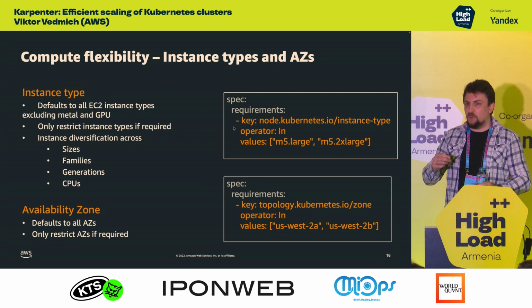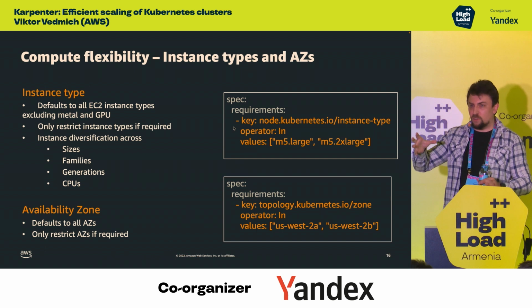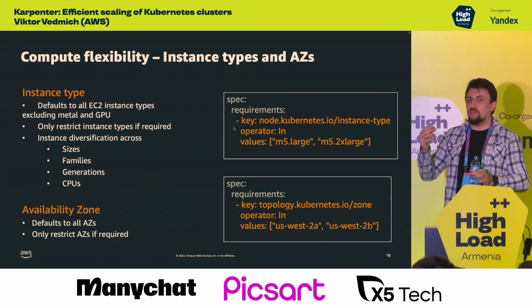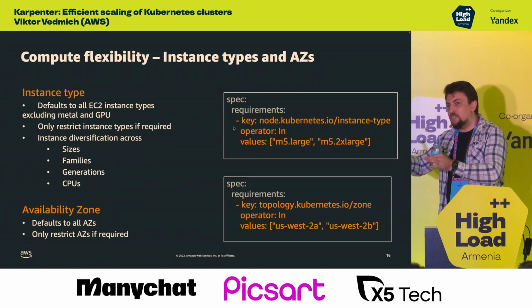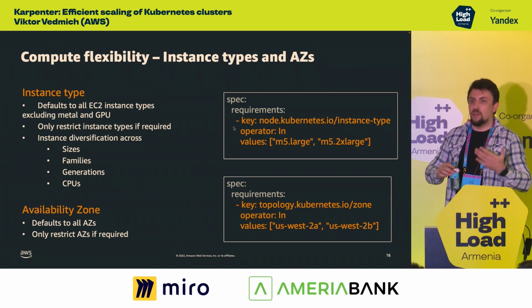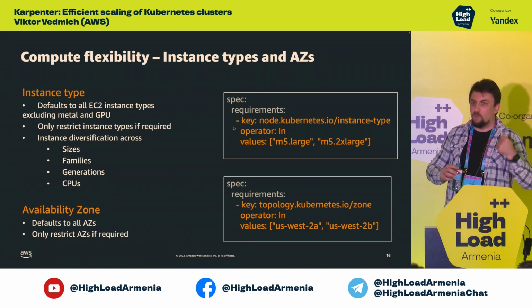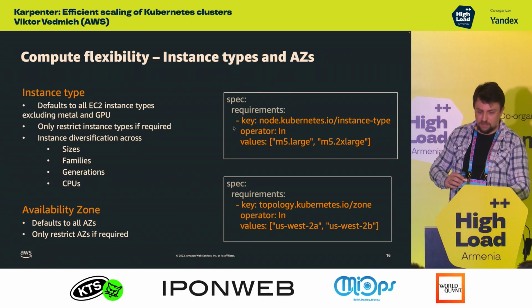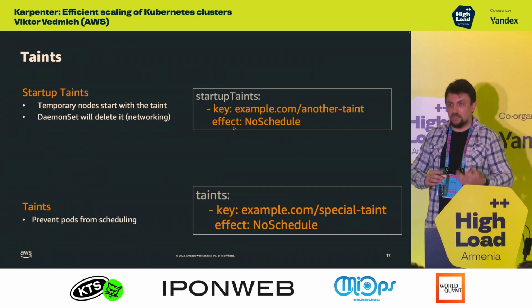For example, if you have some deployment which requires an EBS volume, and we remember that an EBS volume is an availability zone resource, Karpenter will also understand these constraints and provide resources only in this specific availability zone. If you have your PVC, persistent volume claim, for example, inside availability zone A, we also request resources in availability zone A.